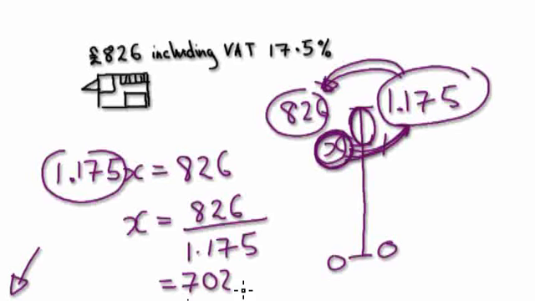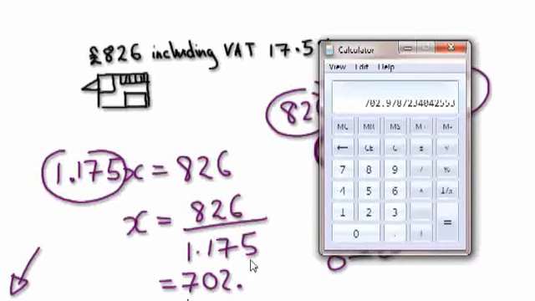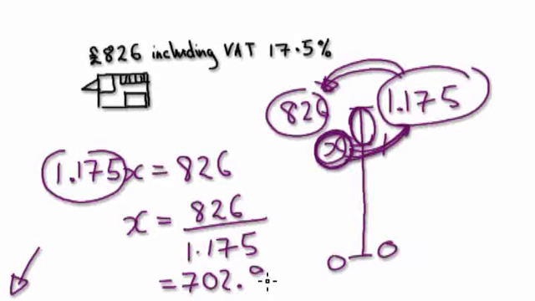Hang on, 702. We're going to round it to 2 decimal places because we're working with money. So this would be 98 pence. Our original amount would be £702 and 98 pence.